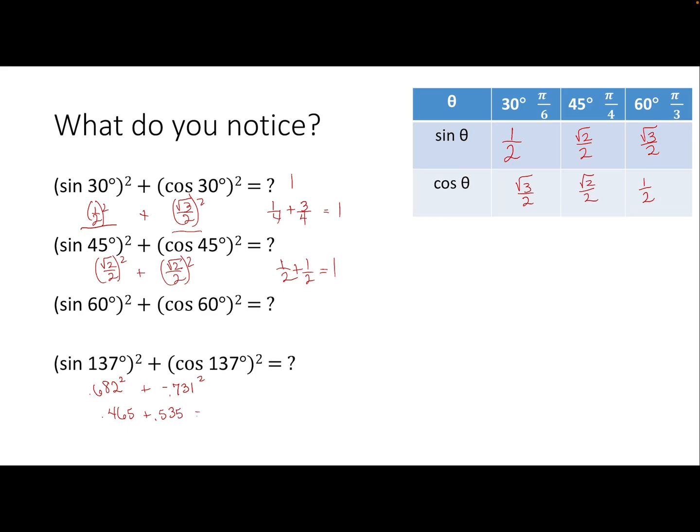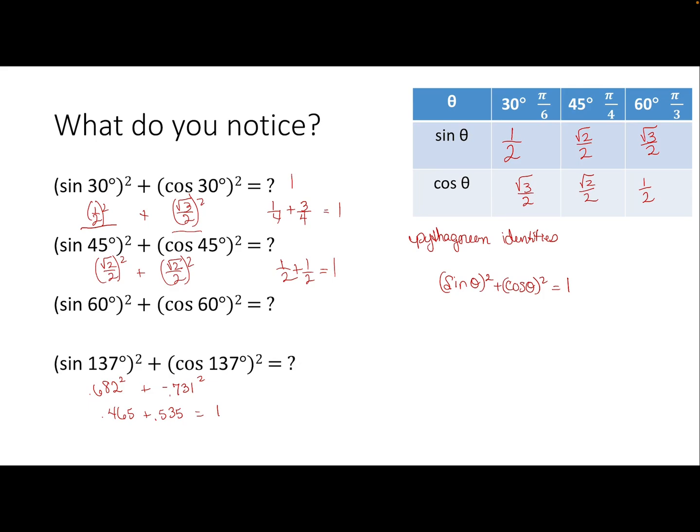What do these add up to? Once again, 1. So we've discovered something called a Pythagorean identity, that the sine of an angle squared plus the cosine of that same angle squared adds up to 1.